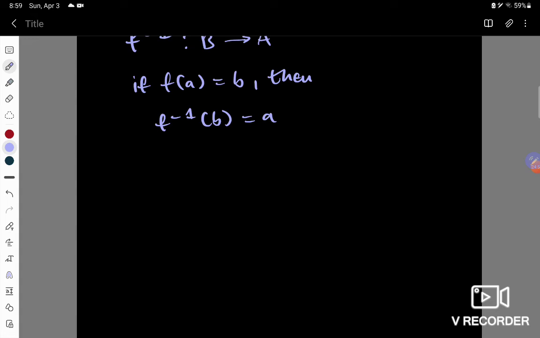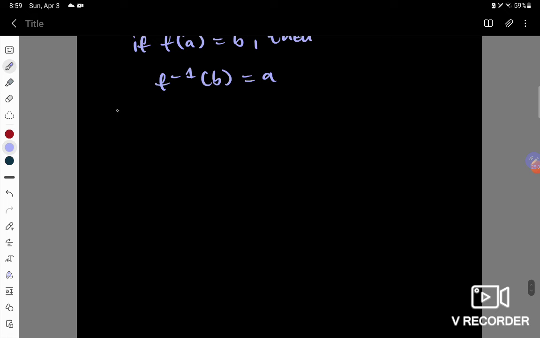Okay, so here is an important lemma, or a helping theorem.